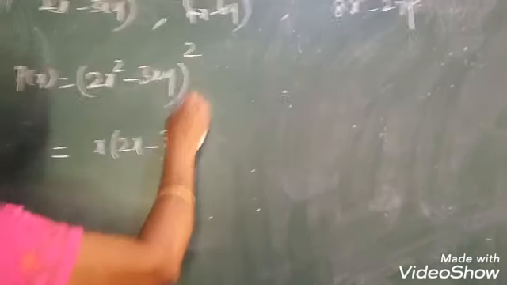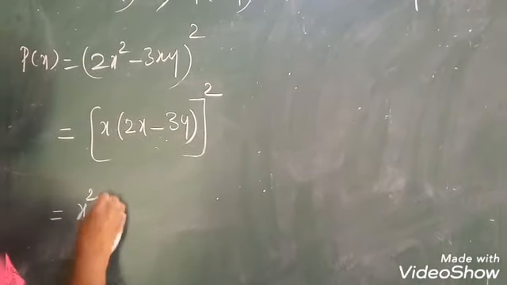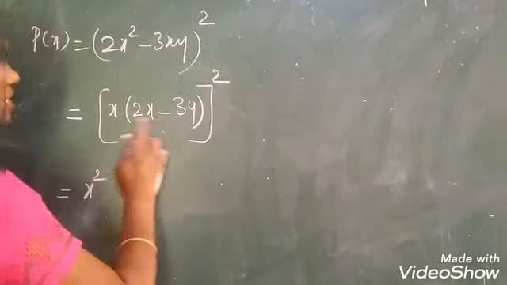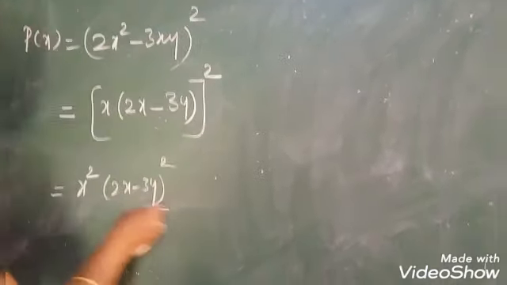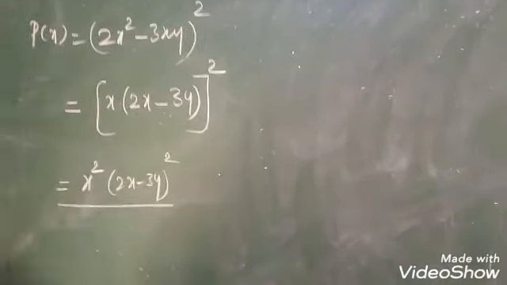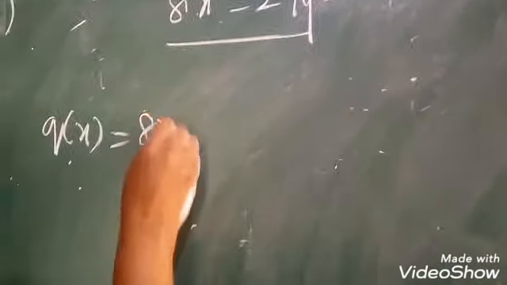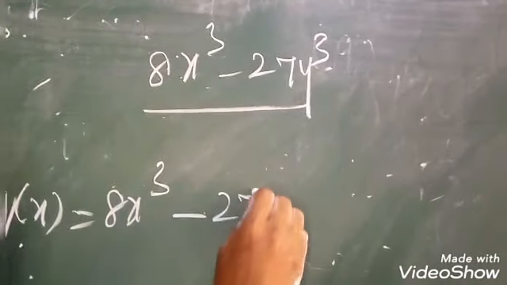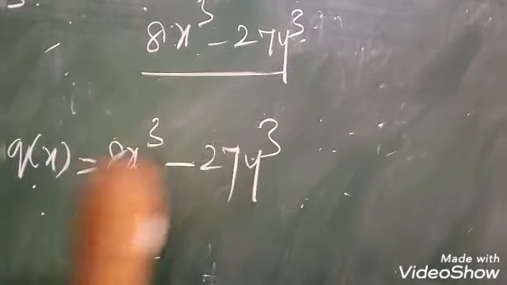Here a square is there, so put the square. Now I am writing x squared; the square should be separated. Okay, x squared into 2x minus 3y the whole square. You all understand this step? Yes, that is p of x. Like this, q of x. What is q of x, girls? Here 8x cube minus 27y cube. Sorry, another term is there, q of x. So this is called r of x.